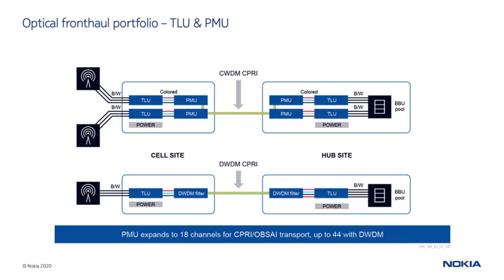The former is named Translation Line Unit, or TLU, and it is used to convert black and white to colored signals and vice versa, or CWDM to DWDM signals and vice versa. The latter can be a Photonic Managed Unit, or PMU, for CWDM applications, or a filter such as the SFD44 or the SFD96, for instance, for DWDM applications.